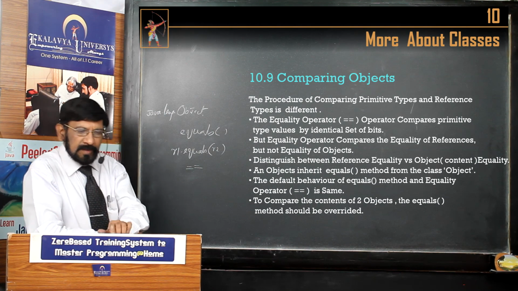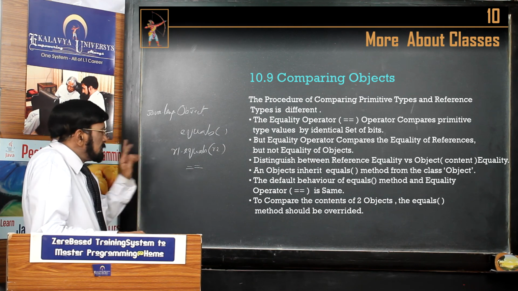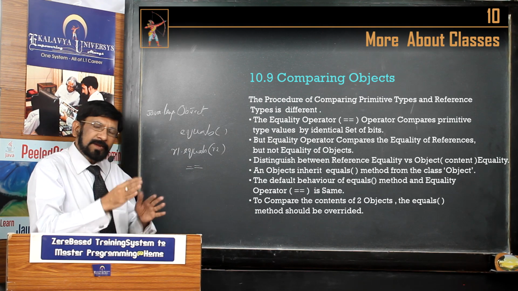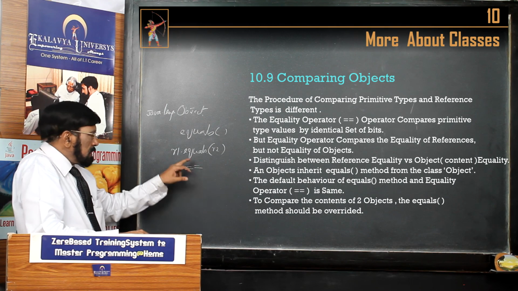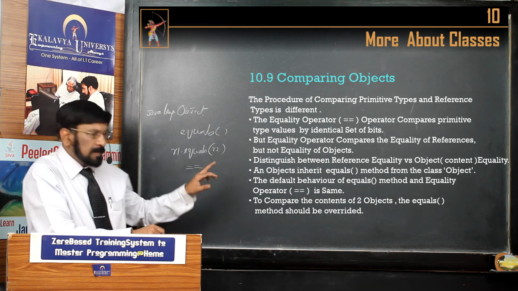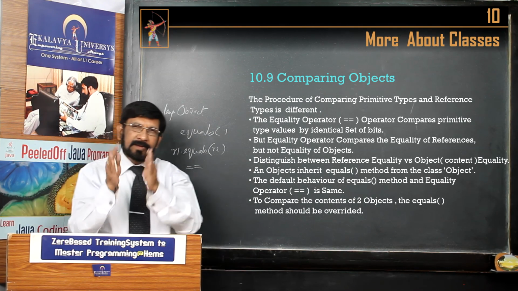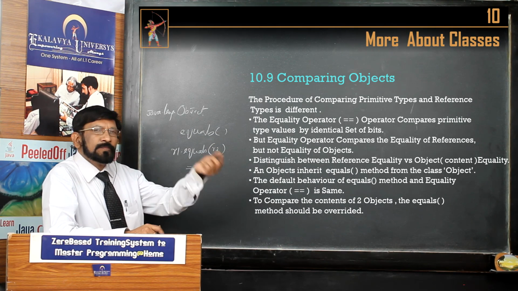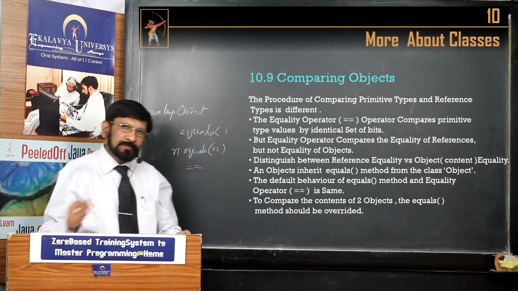Here, as a matter of context, you understand comparing objects, and that the equals method and equality operator by default behave in the same fashion. That means in this case also only the equality of references is compared. But if you want to compare the content equality of two objects, the equals method should be overridden. How to override it, we will learn in the forthcoming chapters.